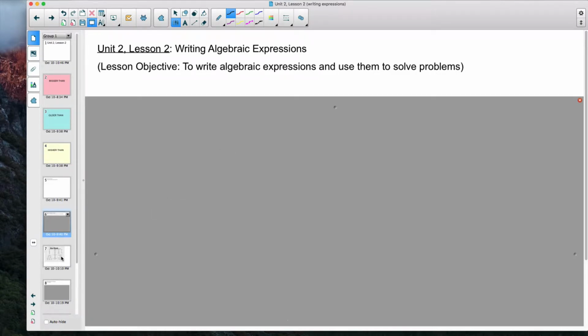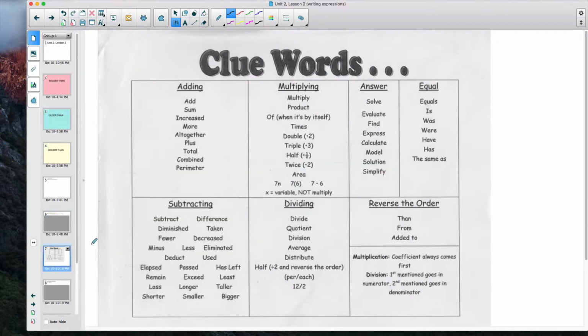You'll notice on the My Homework app that I posted an additional resource. I highly recommend printing it out and adding it to your notes, or if you'd rather, write out your own copy, which might take a while. I'll pull that up on the screen real quick. It looks like this, and it's got some clue words. This is a great resource when you're trying to write algebraic expressions.